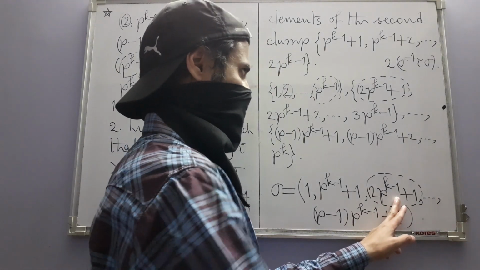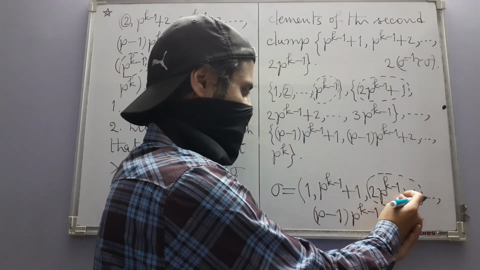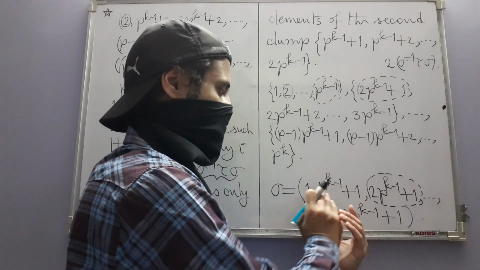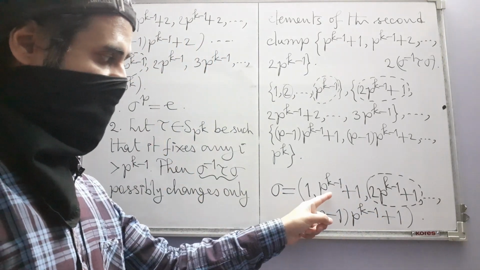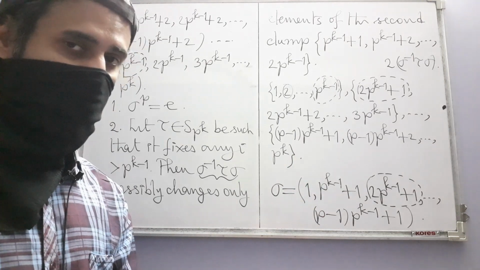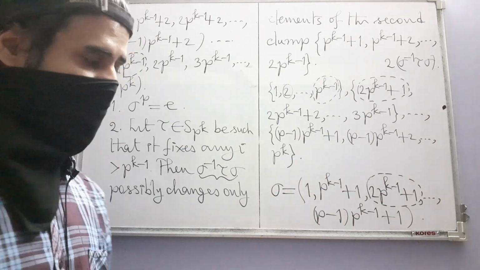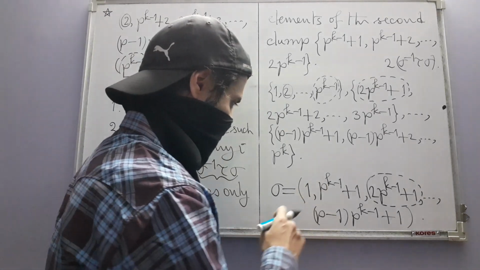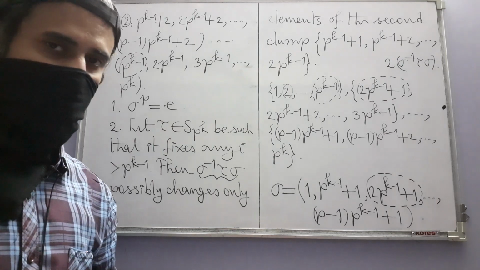So on this, when you apply sigma inverse, of course it will get mapped onto this p to the power k minus 1 plus 1. On this element, does tau have any effect? Is it going to be changed by tau? No. It is just greater than p to the power k minus 1.